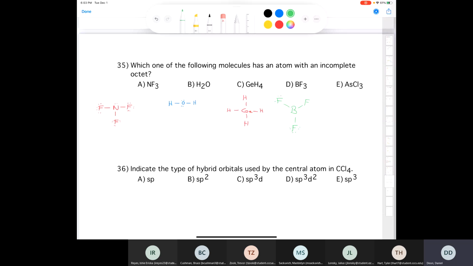Anyhow, I think a better wording for this would be has a central atom with an incomplete octet. And so you can see that the boron is only surrounded by a total of 6 electrons. Arsenic is in group 5, and so it's going to have a Lewis structure that looks like this. There we go. Okay.